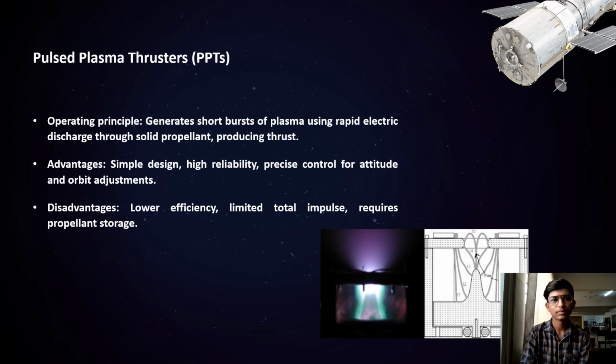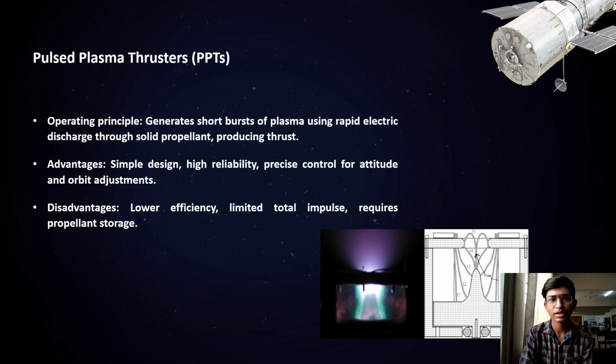Moving towards the pulsed plasma thrusters (PPTs). Pulsed plasma thrusters are a different breed of electromagnetic thrusters, characterized by their simplicity and reliability. They operate by creating rapid electrical discharges through a solid propellant, often Teflon, generating a short burst of plasma that produces thrust.